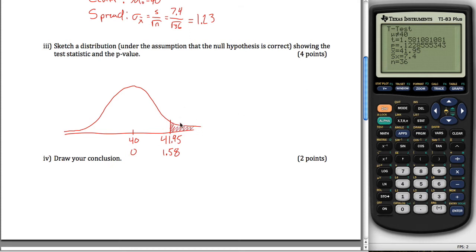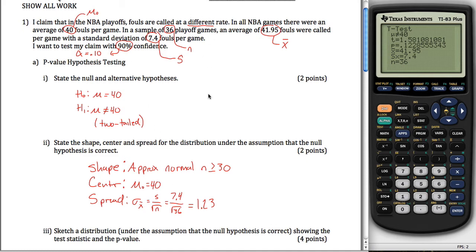So what I can do is I can shade in this region. And, oh, that's not true. This is a two-tailed test. So I have to have a p-value on both sides. I have to also have a value over here at negative 1.58 because the p-value tells me the probability of getting a result that extreme. So it could be in either direction. I just said that the amount of fouls are different in the playoffs.